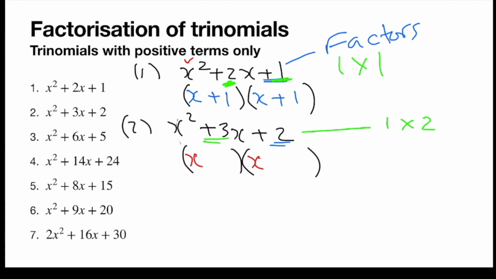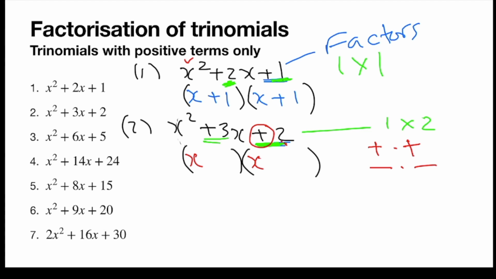You will notice here that this 2 is positive. Obviously, for you to get a positive product, you must multiply either a positive number by another positive number or a negative number by another negative number. So when you see a plus here and a plus there, it means the factors of 2 should carry the same sign.